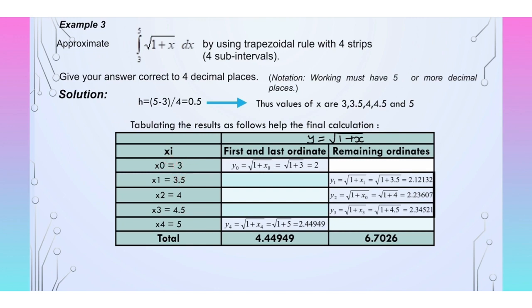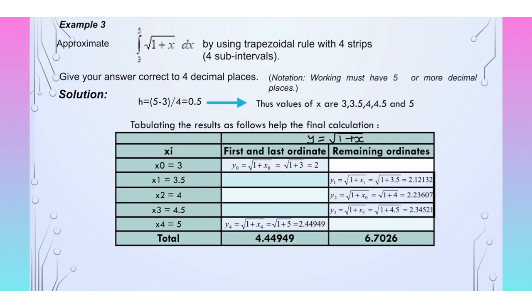This is square root of 1 plus 3, so square root of 4 is 2. And we have y4 is square root of 1 plus x4. x4 is 5. 1 plus 5 is 6. Square root of 6 is 2.44949. And then we add up these values and it becomes 4.44949.